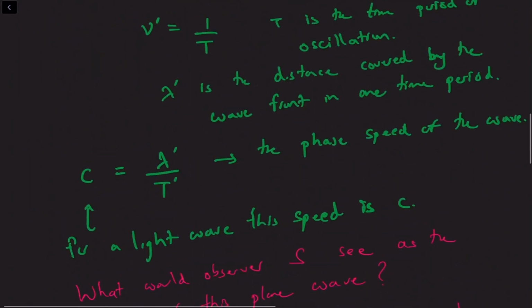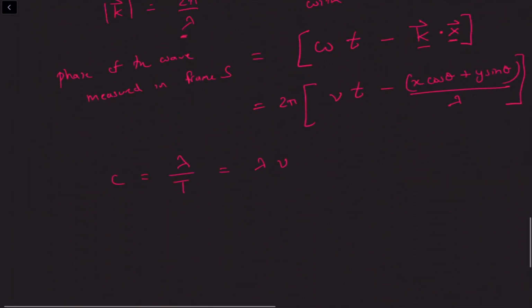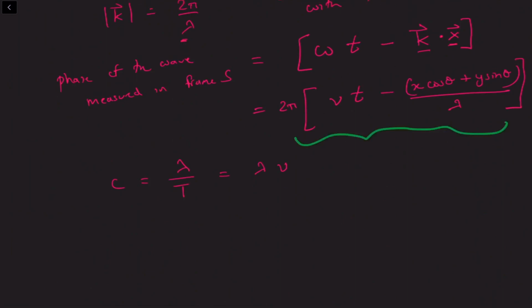Okay, so over here in frame S prime, lambda prime times nu prime should be the speed c. Okay, so now this phase should be exactly the same as the phase measured by S prime at the same space-time location.